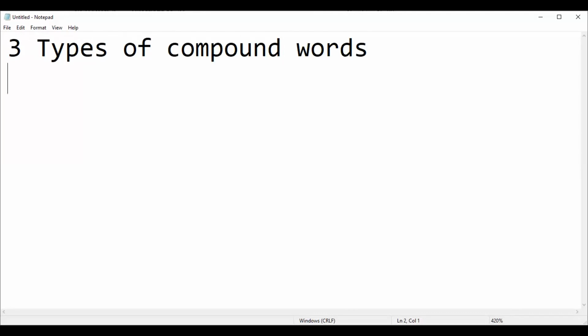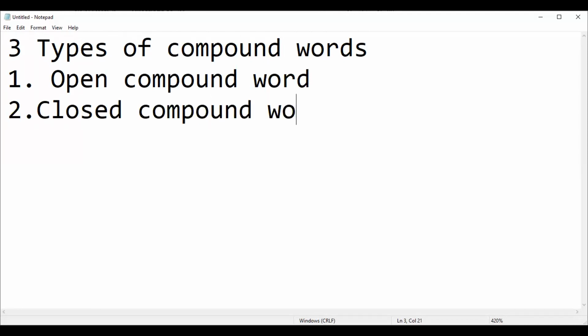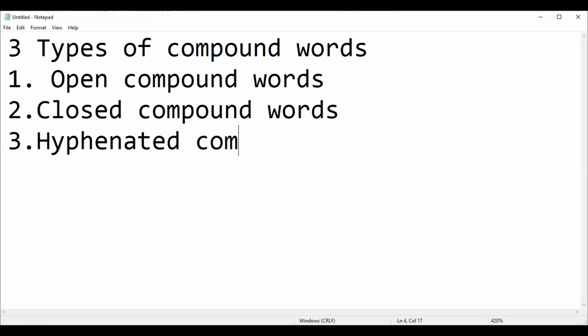The first one is called open compound word. The second type is called, guess. The third type is called, guess. Anybody? Hyphenated compound words.